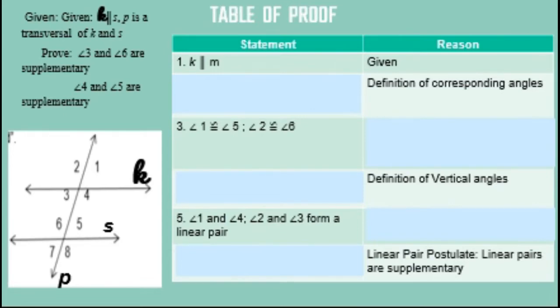Observe the given illustration for you to easily find out the missing statement. Alright, we have angle 1 and angle 5, angle 2 and angle 6 are pairs of corresponding angles. How about the reason for the third statement? Which is angle 1 is congruent to angle 5, angle 2 is congruent to angle 6.